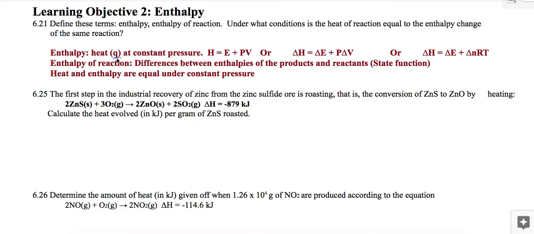We've already been using heat as a variable that we know and use to calculate with. Now we need to understand that it's also enthalpy, and it is exactly equal to enthalpy at constant pressure. If we're not at constant pressure, it's not the same. However, in this course, for this chapter, we will always be in constant pressure.